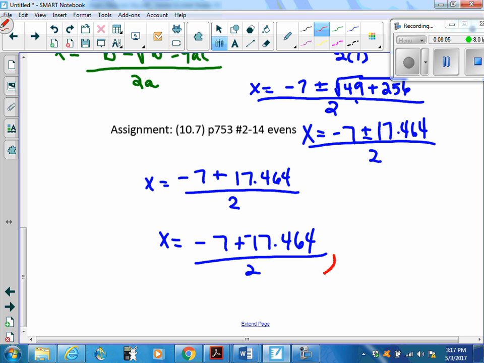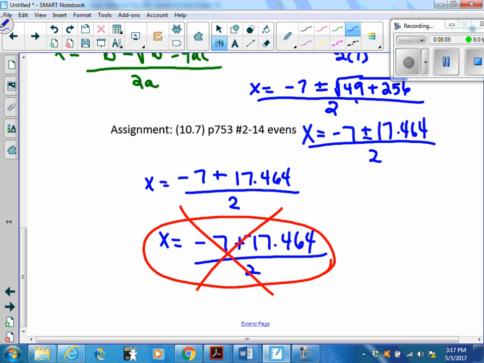You cannot have a negative length, so I'm not even going to follow through with that. I am, however, going to do this one, and when I take negative 7 plus 17.464 and divide it by 2, I get approximately 5.2. So x is approximately 5.2.